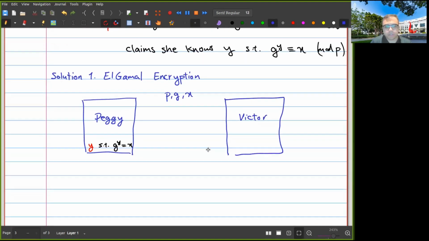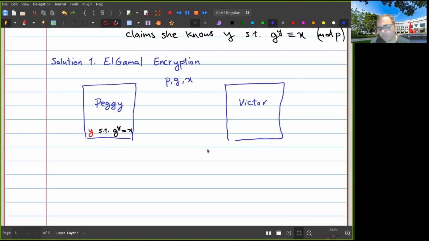Now, what we are going to do is something very similar to Diffie-Hellman key exchange, or basically El-Gamal encryption. Remember, if we had a situation like this in El-Gamal, this Y was supposed to be Peggy's secret key. And then Victor could actually send messages to Peggy, and only Peggy could decrypt those messages.